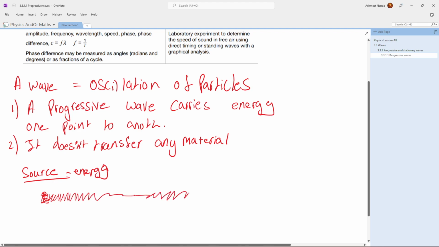And of course no material is transferred, because this point here moves this point here, which moves this point here. It just moves the points, but does not actually move the points to another place, which is the energy transferred.